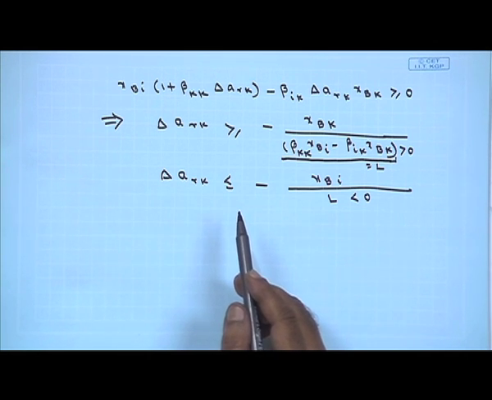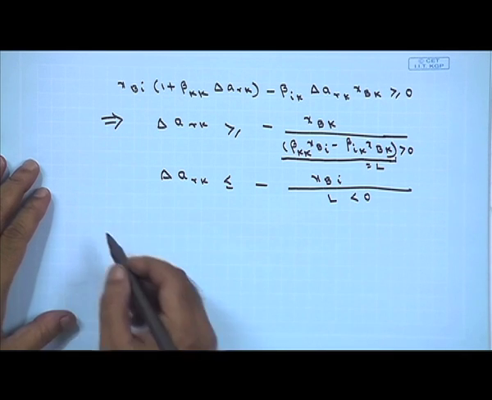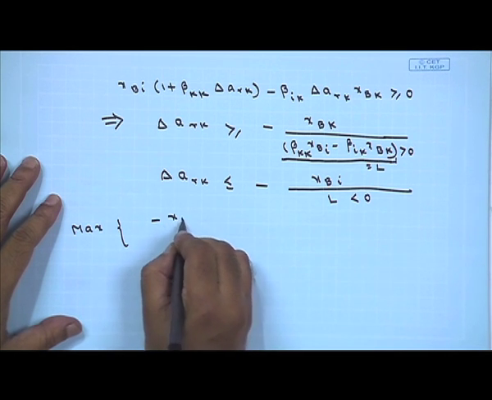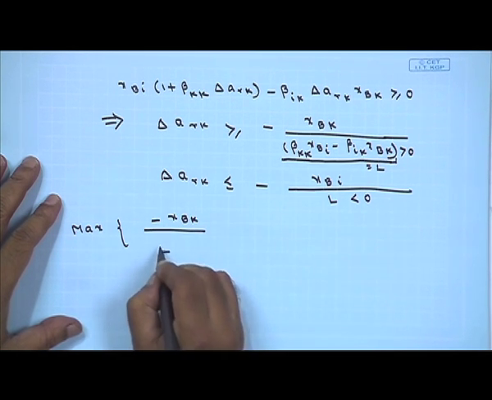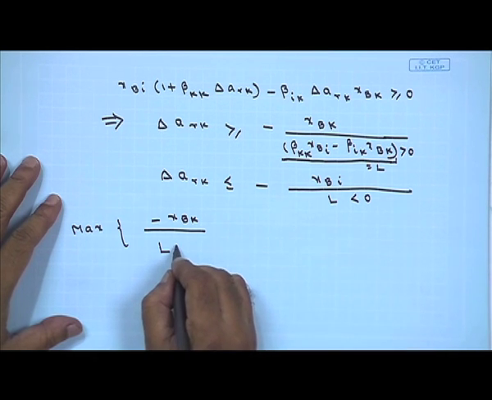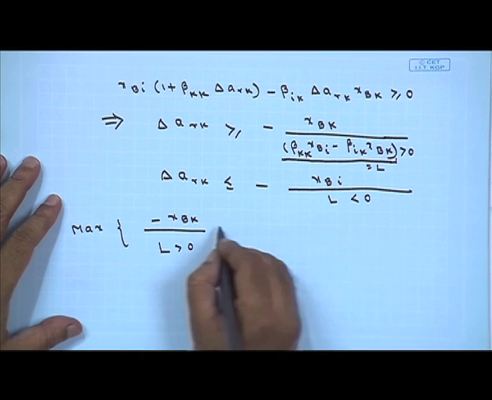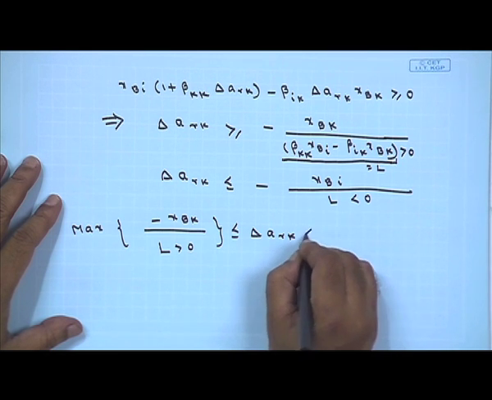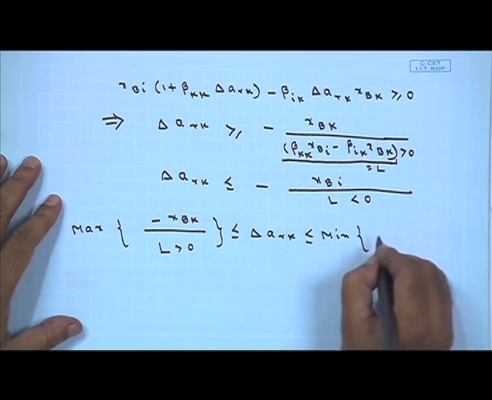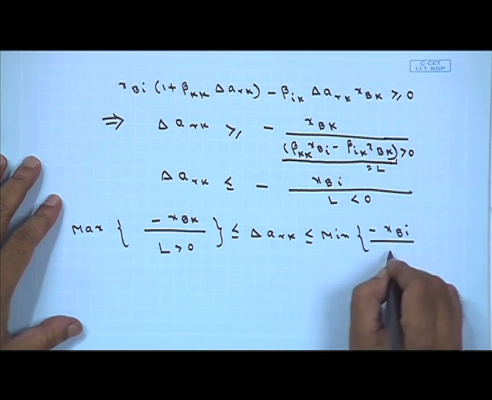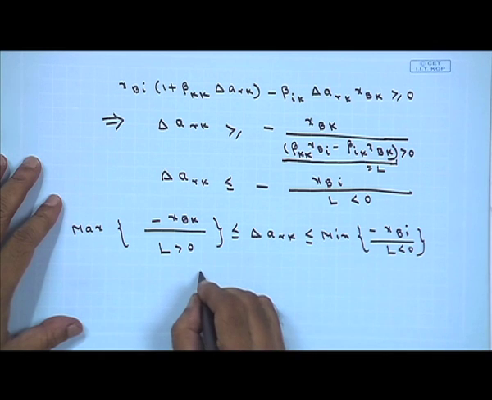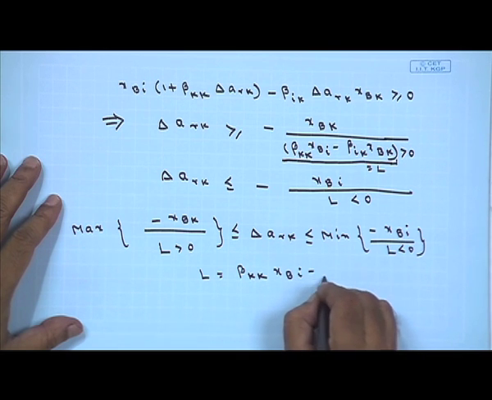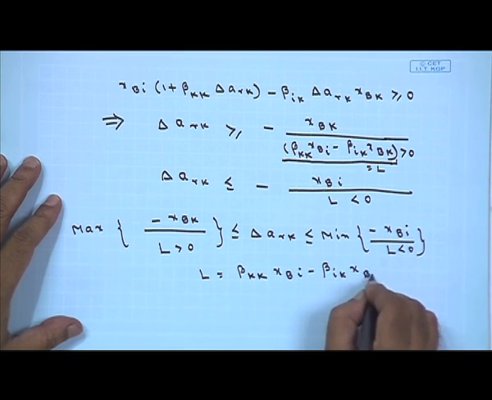So, from here, for feasibility I may write the maximum of minus x b k by L, where L is greater than 0, less than or equal to delta a r k, less than or equal to the minimum of minus x b i by L, where L is less than 0, where L is nothing but beta k k x b i minus beta i k into x b k.